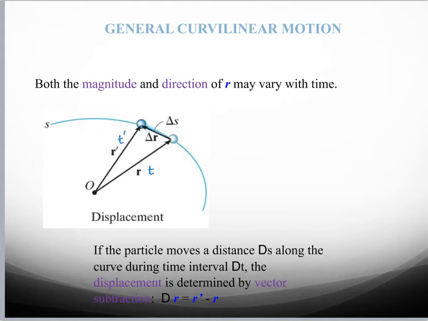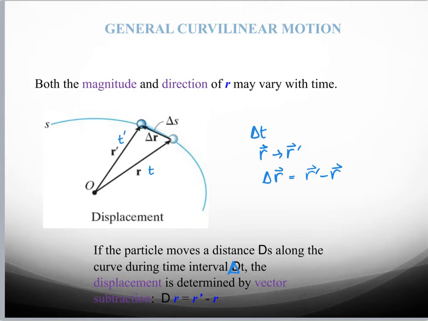The object has undergone a displacement, and so in the time delta t, the object went from r to r prime, and so it underwent a displacement of delta r, which would be r prime minus r, because it's always final minus initial.